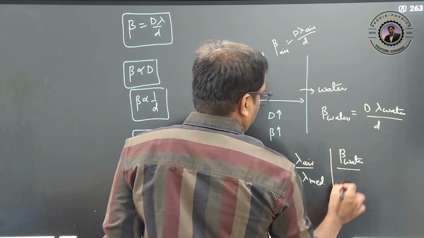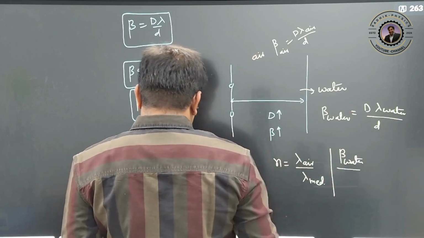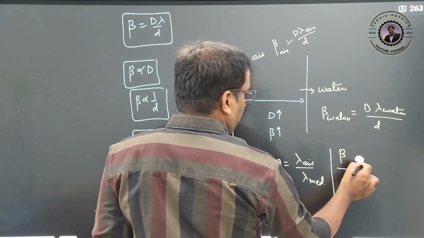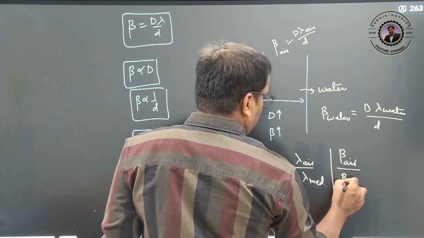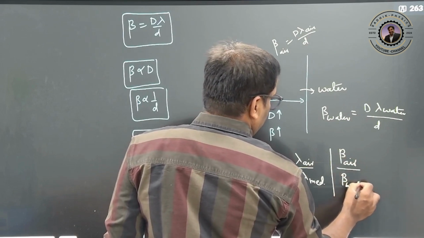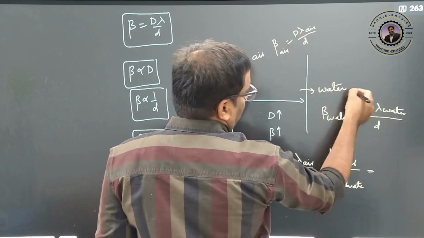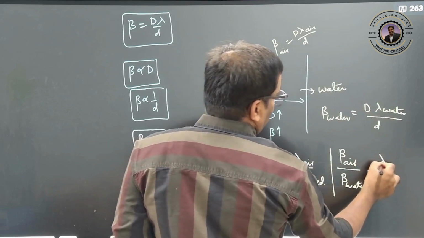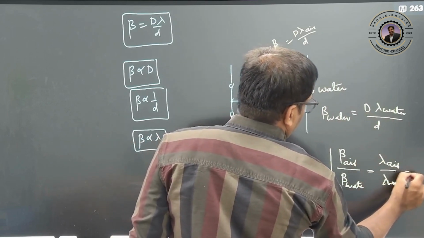Therefore, beta in air by beta in water can be written as directly proportional. D and d are the same, so if you divide, D by d cancels. Therefore wavelength in air by wavelength in water is nothing but the refractive index.